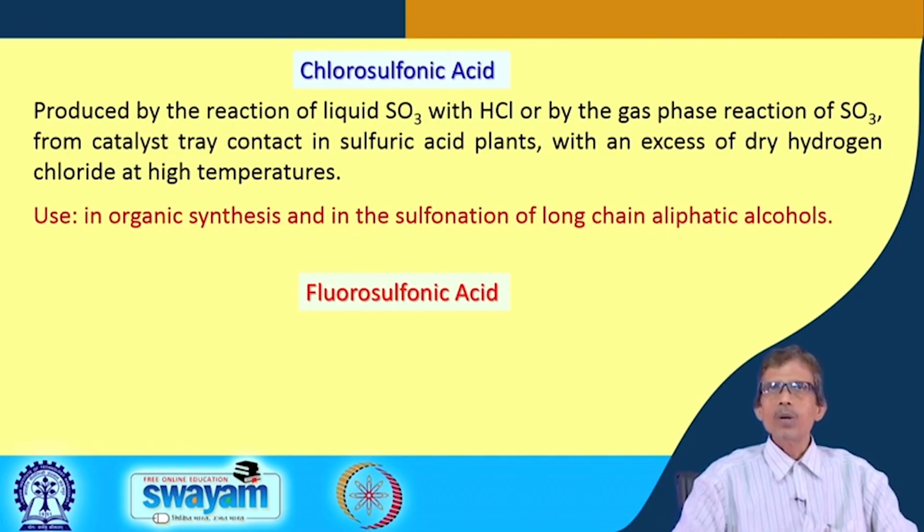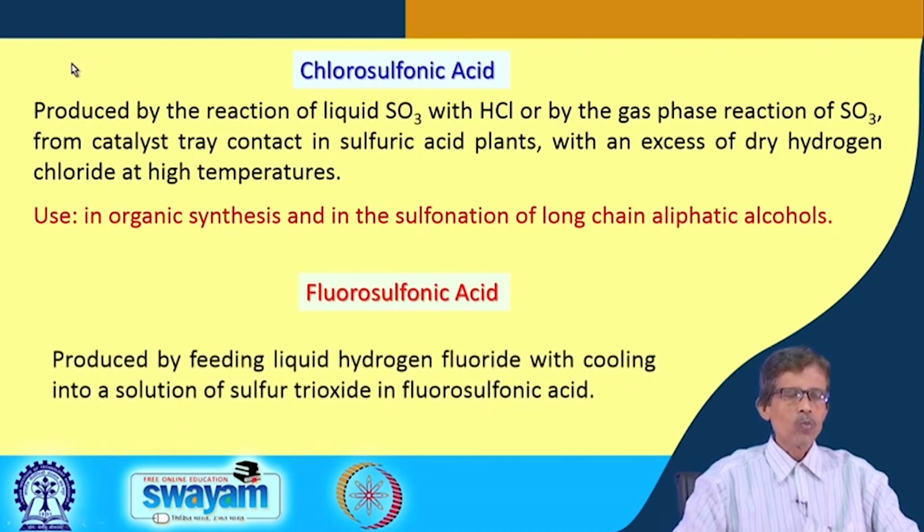Now, the next example of this is the fluoro one. That means, instead of Cl attached to the sulfur end of the sulfonic acid function, now you have fluorine attached to the sulfonic acid group. It is produced by feeding liquid hydrogen fluoride, like your HCl, the hydrochloric acid.